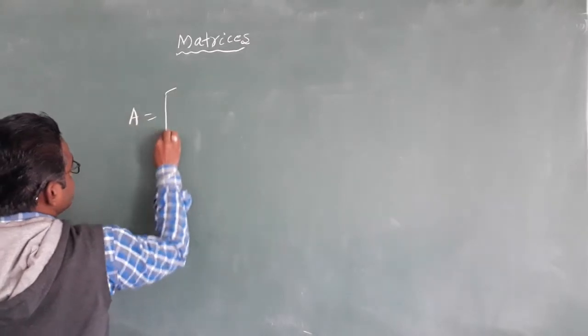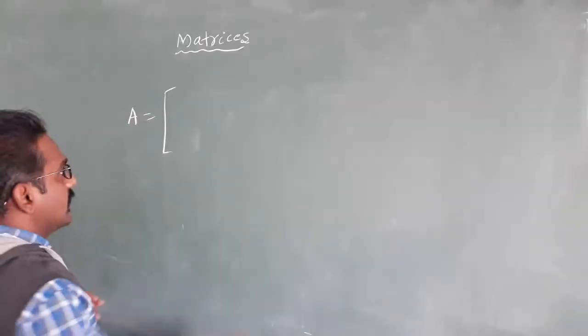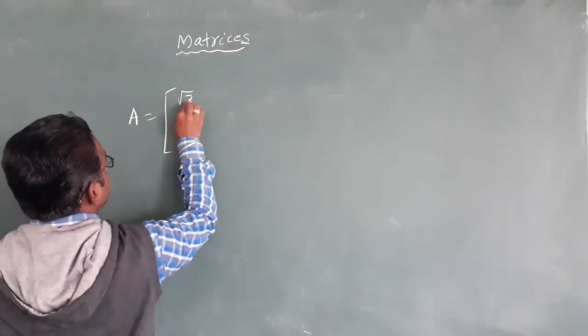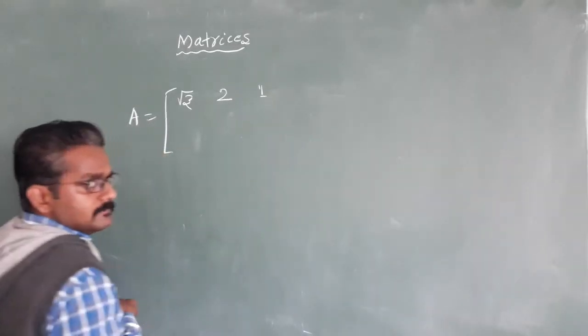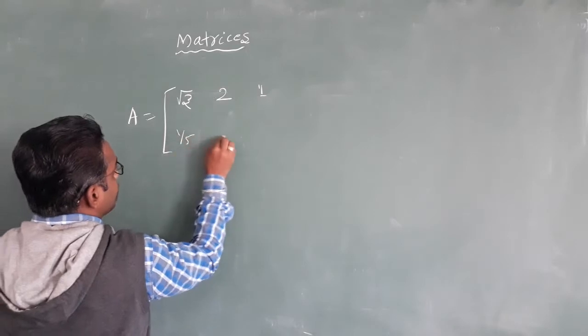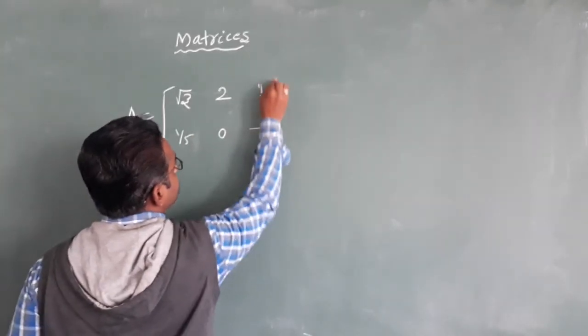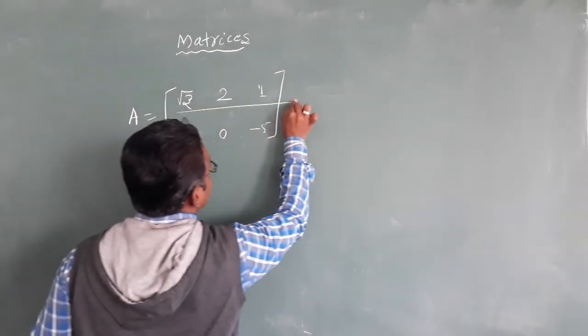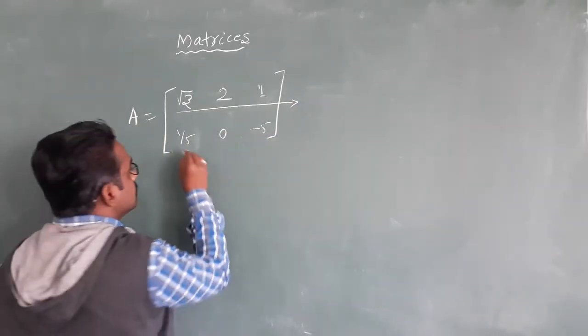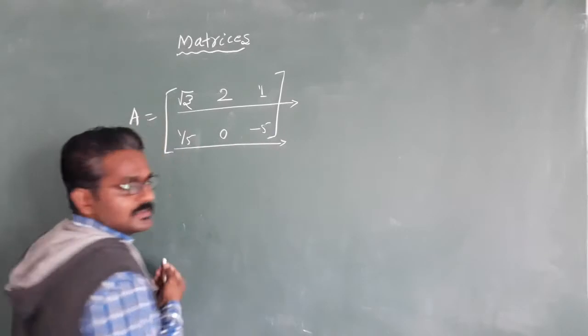Let us consider one matrix A: root 3, 2, 1; 1 by 5, 0, minus 5. Okay. This is the horizontal line. This is another horizontal line.